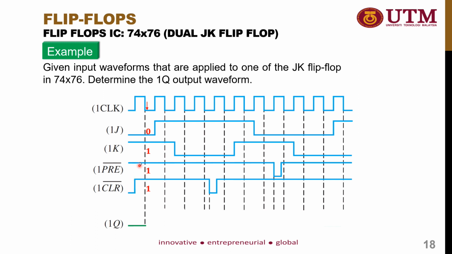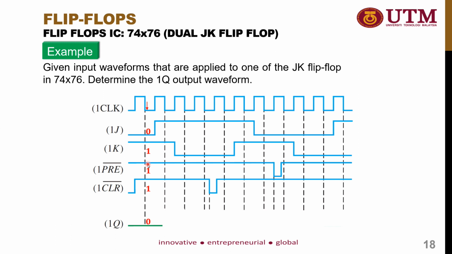So it is entering the usual JK flip-flop mode, and then it will meet the falling edge because it is negative edge triggered. When we observe the falling edge, the input J is equal to 0 and the input K is equal to 1, and it is entering the JK flip-flop mode because the PRE bar and CLR bar are set to 1. So it will become 0 because it is in reset mode for JK flip-flops.